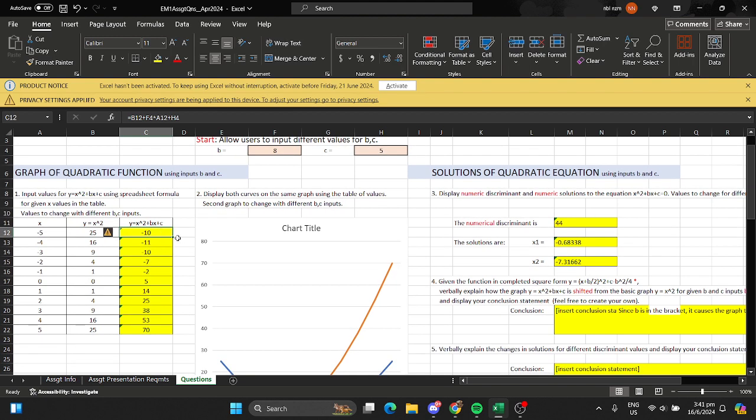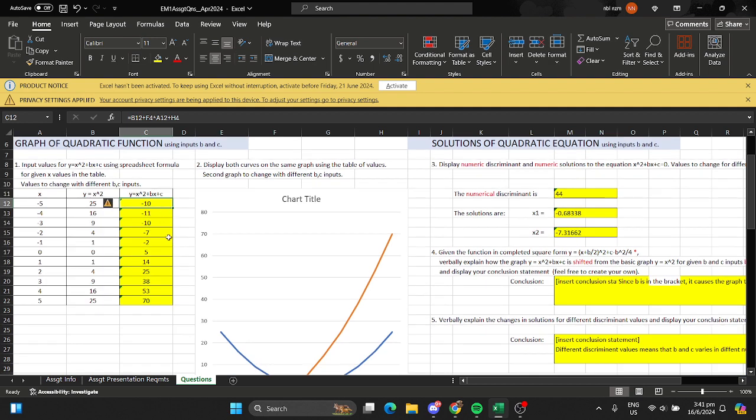Then it will just automatically calculate, and you'll get negative 10. So I'll just put the formula to each and every one of these rows.